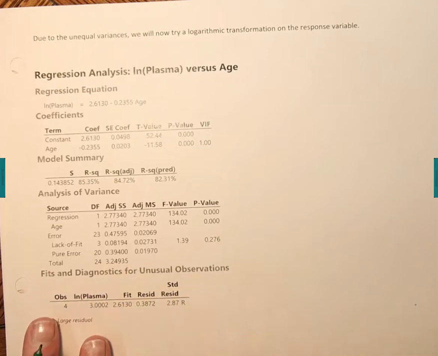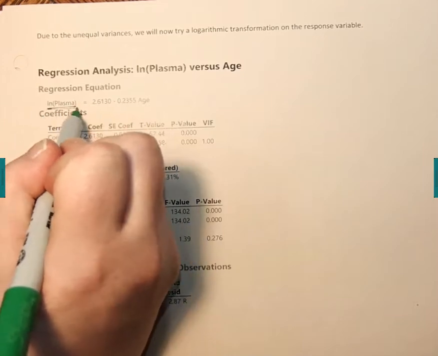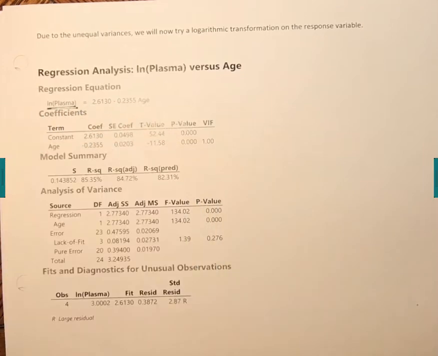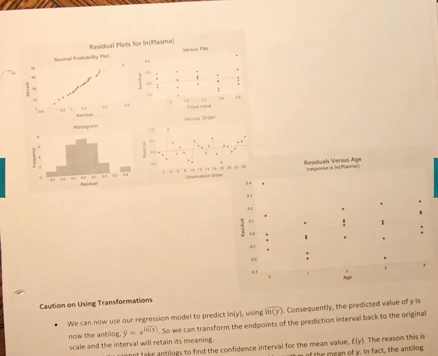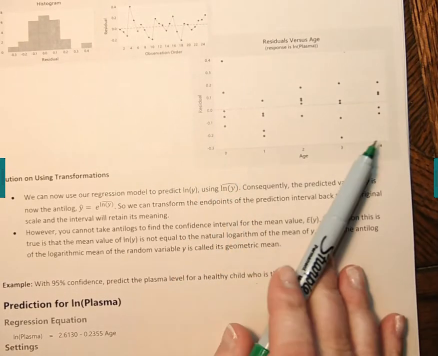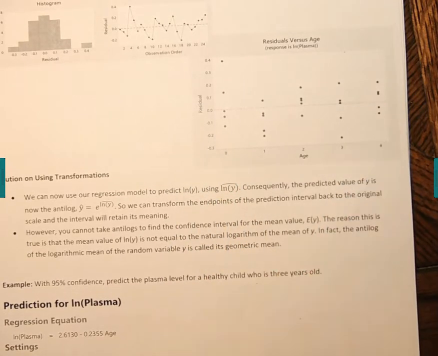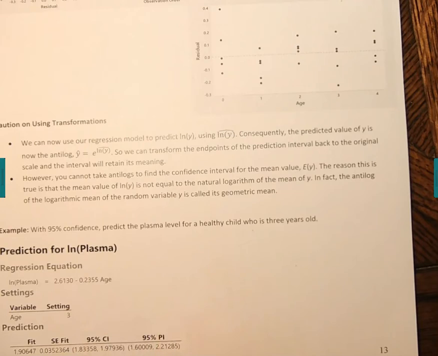And so again, here is that fit in Minitab, but notice we fit it using the natural log of plasma instead of the regular y that we saw before. And if we look at those same plots, notice that this looks much more homoscedastic than the plot that we saw before.